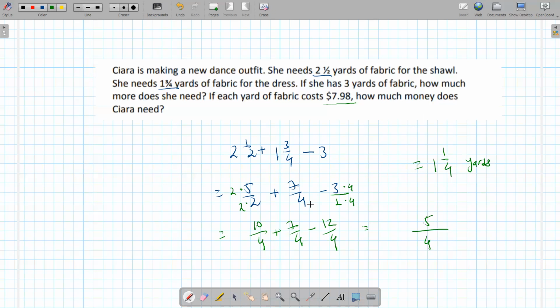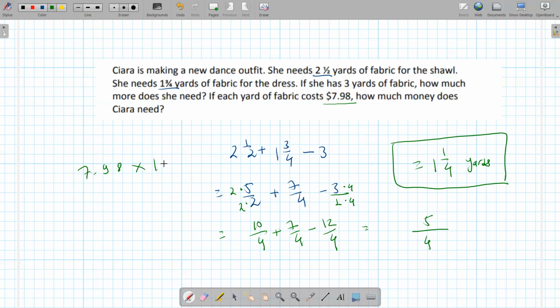So she basically needs 4 and 1/4 yards, right? But she already has 3 yards, so she doesn't need to buy those 3 yards. She just needs to buy this, right? So we're going to multiply 7.98 with 1 and 1/4.